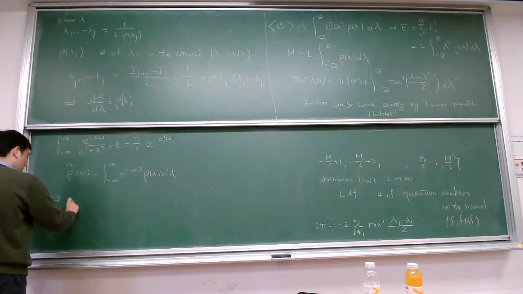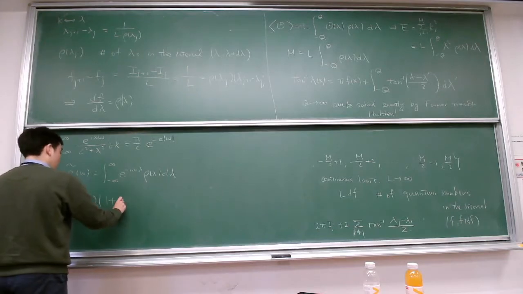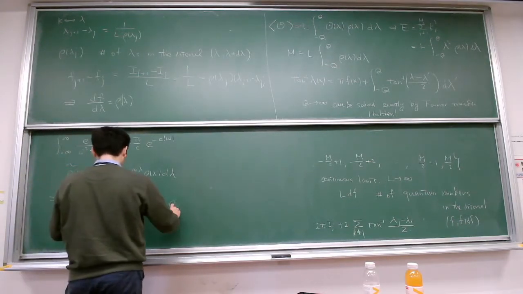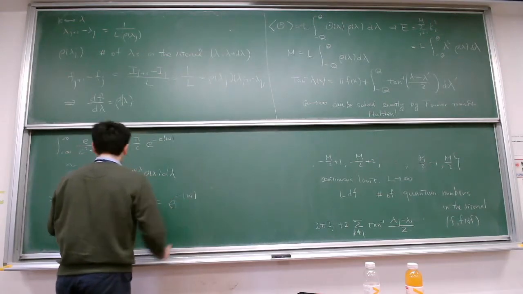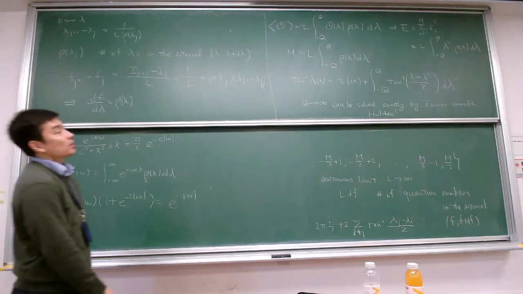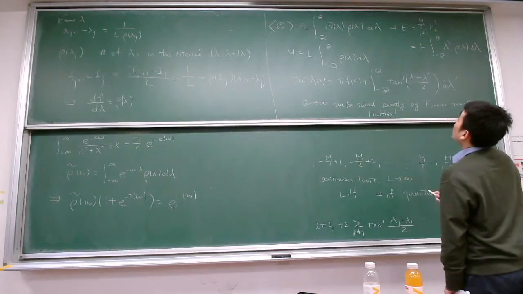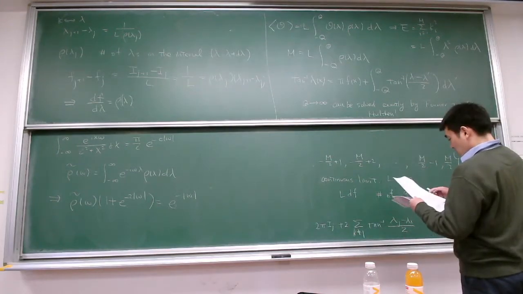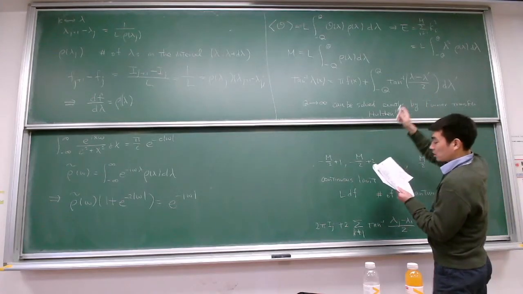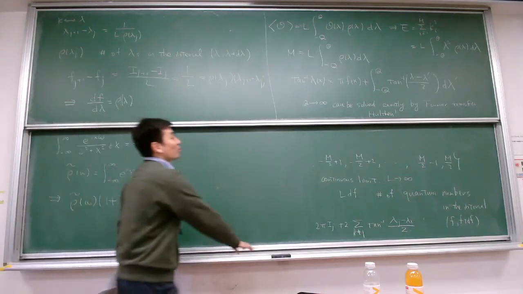What you should get is rho tilde of omega should be e^(-omega) over (1 plus e^(-2 omega)). That's what you should get from this equation. So let me think, I already forgot how to do that.